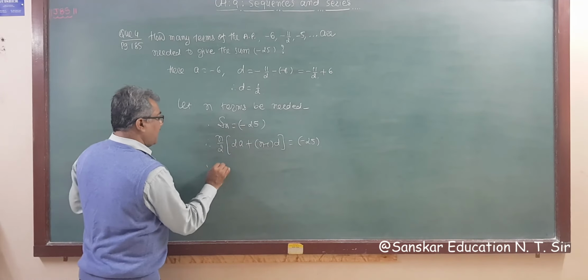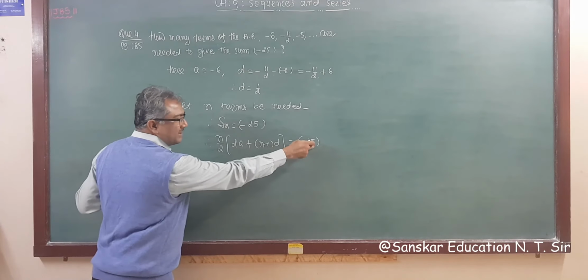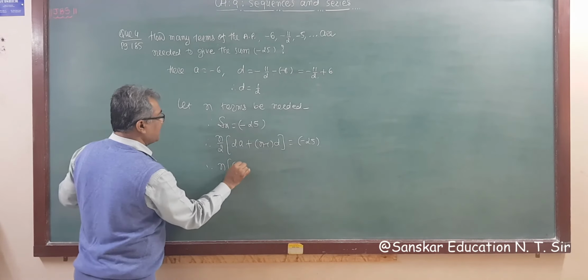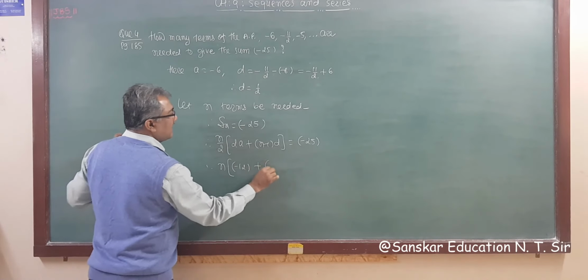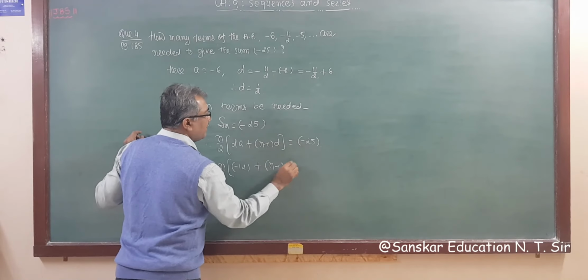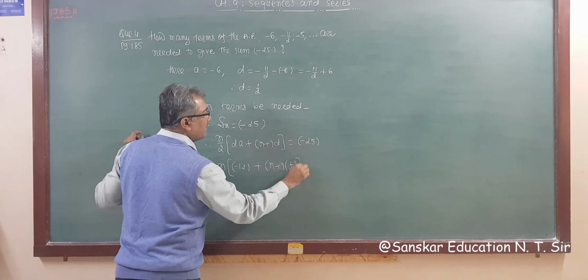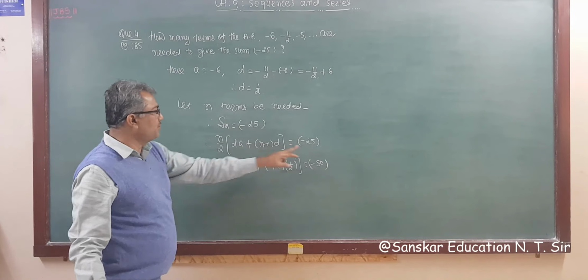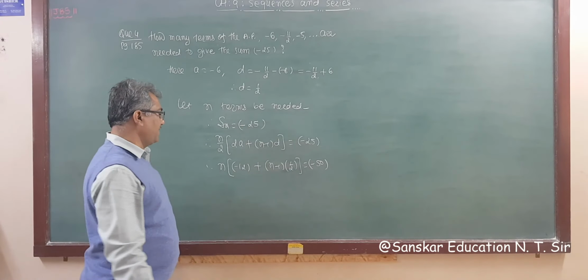So I'm taking 2 here, that becomes minus 50, right? Twice A is minus 12 plus n minus 1 into D, which is half, is equal to minus 50. As we are taking 2 here, it becomes minus 50, right?